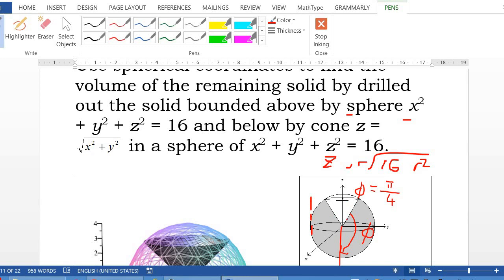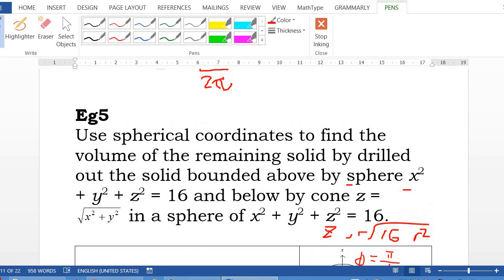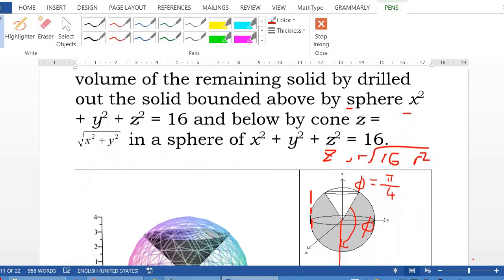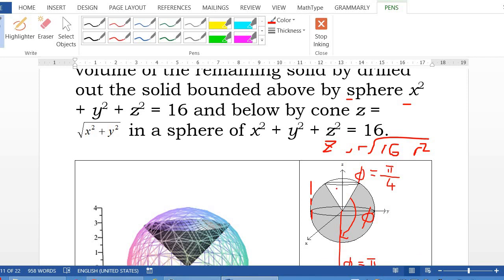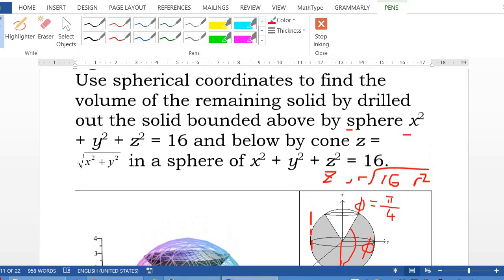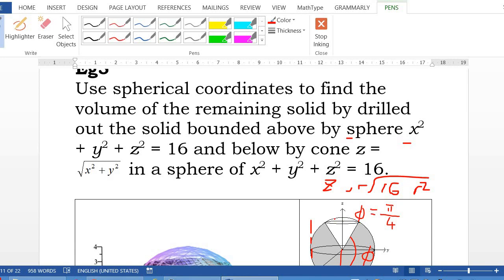The white color is what we found in example 4 just now. Now what we want is the volume of the gray color. When you have a sphere and drill out the volume of an ice cream cone, you leave the gray color.